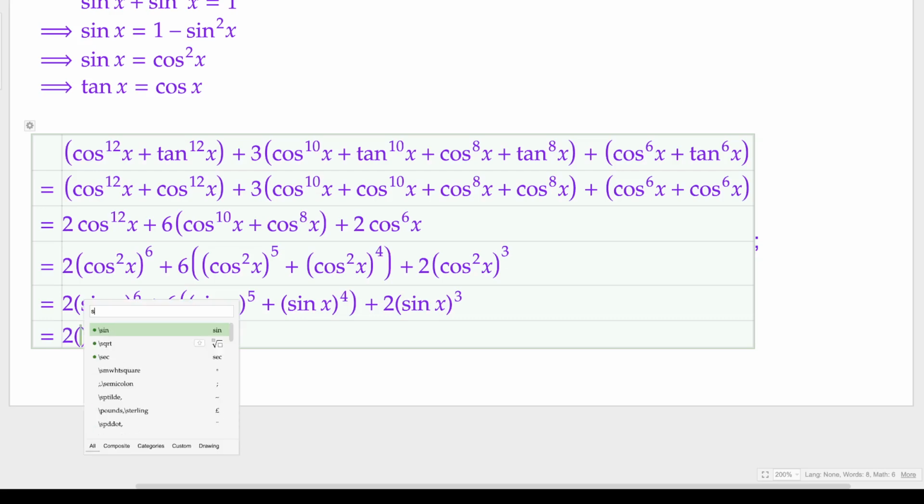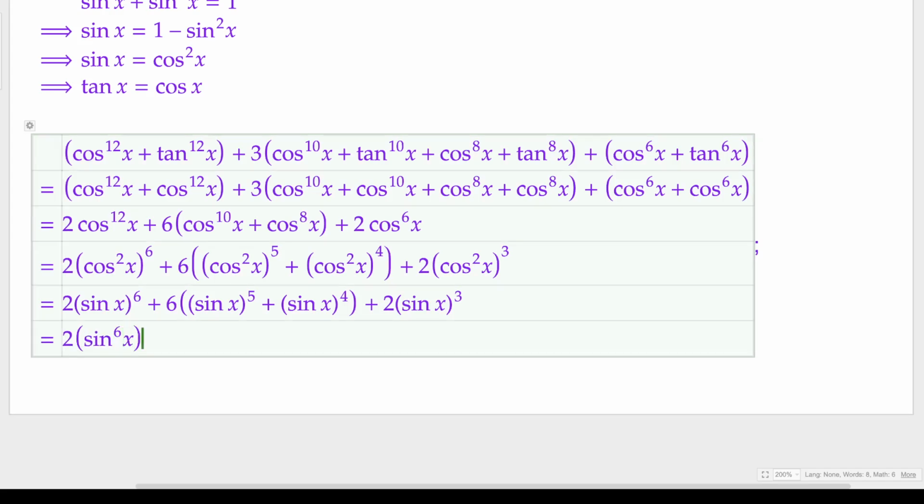And here I can write sine x power 6 plus 3 times sine x power 5 plus 3 times sine x power 4, and then plus sine x whole cubed, right?